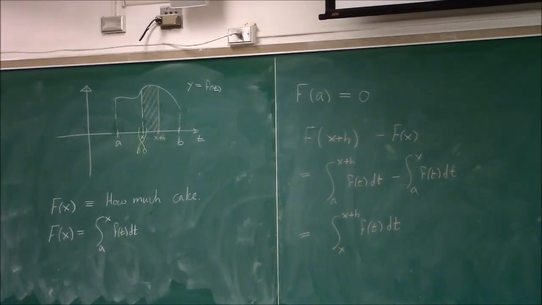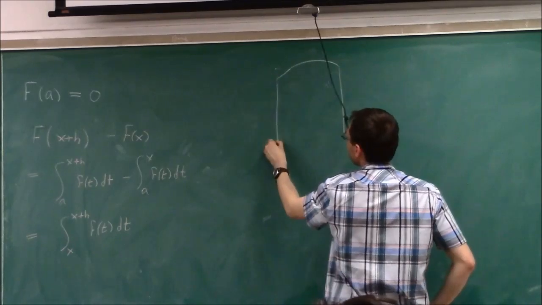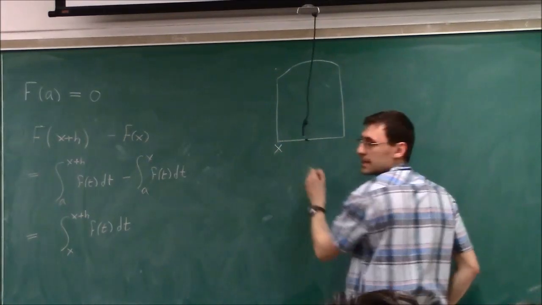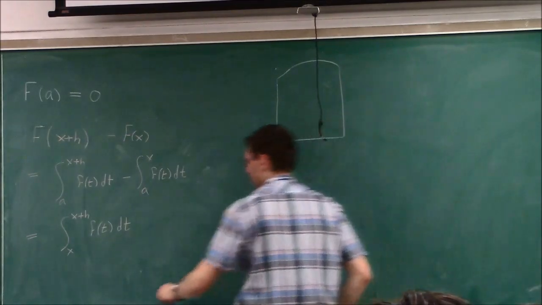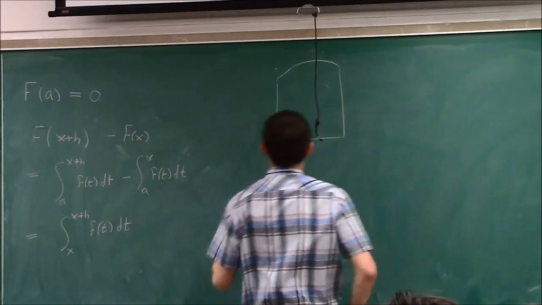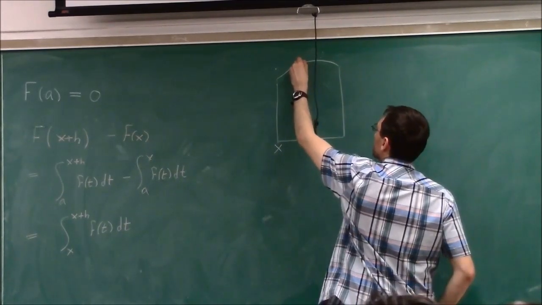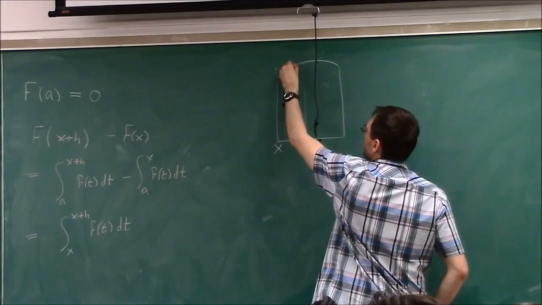So here, this point is x. Look what happens if I select h very small, right? So if I start selecting h smaller, so I have this region.